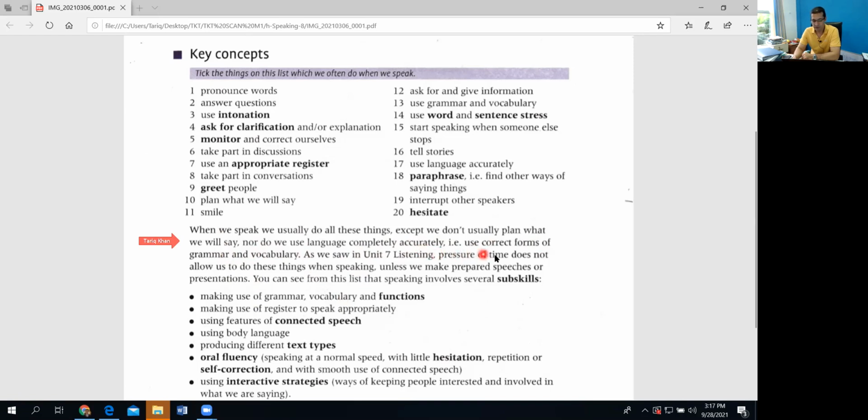For example, we don't use correct forms of grammar and vocabulary, as we saw in Unit 7, listening. Pressure of time does not allow us to do these things when speaking. Because while we speak, it's not only that we perform the words, we have our facial expressions, we have our body language, we have gestures we are making, right?